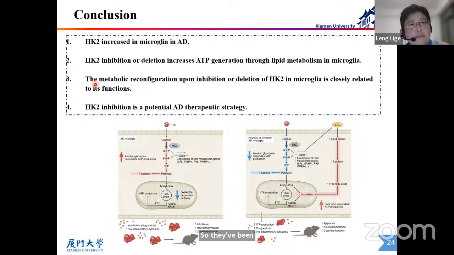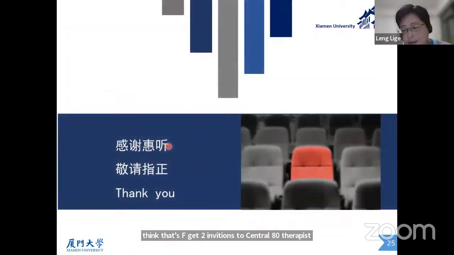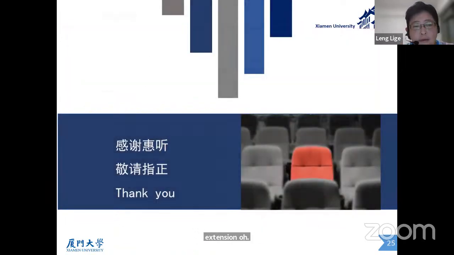Third, we found that the metabolic reconfiguration upon inhibition or deletion of HK2 in microglia is closely related to its function. Fourth, we think that HK2 inhibition is a potential AD therapeutic strategy. Okay, that's all. Thank you.